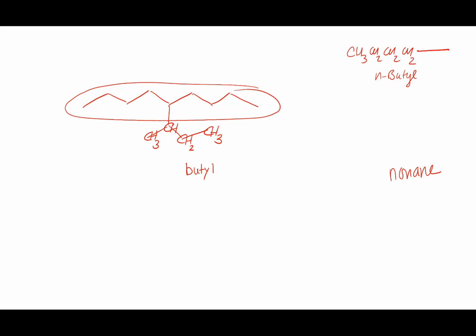That means straight chain, no branching. If it was 3 carbons, it would be N-propyl. Ethyl, there's only 2 ways to make an ethyl group out of 2 carbons, so ethyl's ethyl, methyl's methyl. And then if we went to pentyl, N-pentyl would be all 5 in a chain. And decyl would be 10 carbons in a chain.